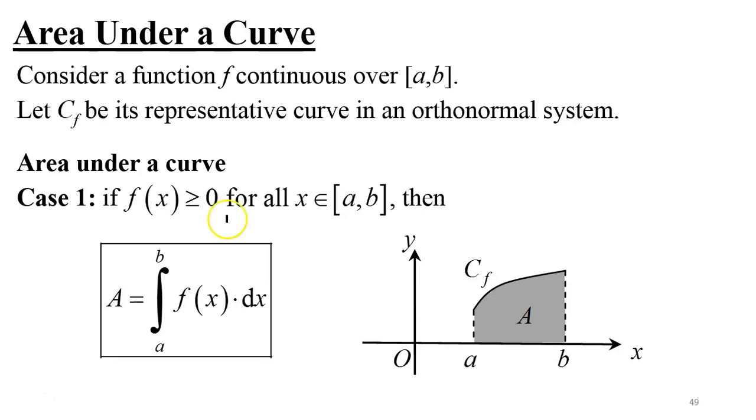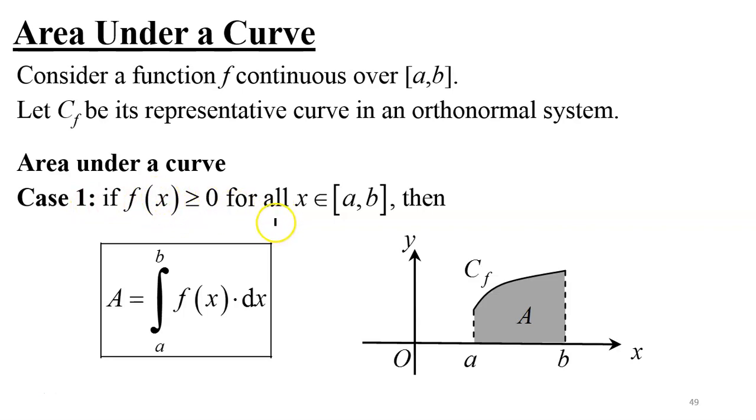Now, determining the area under a curve depends on the position of the curve of the function with respect to the x-axis. So as you can see here in case 1, we're considering the case where f of x is positive.